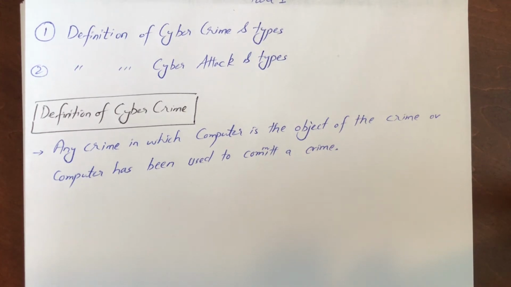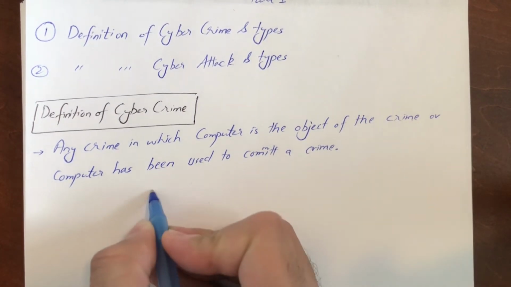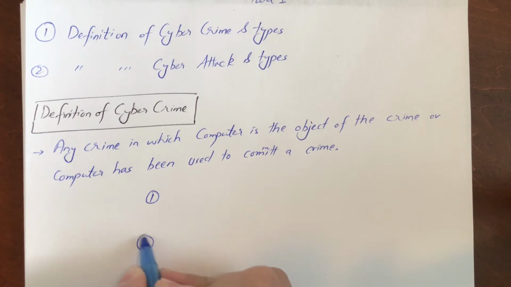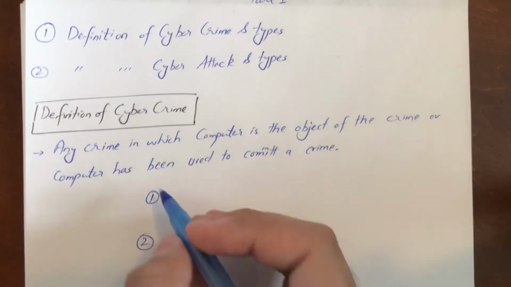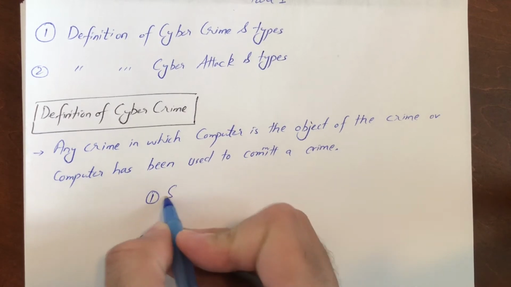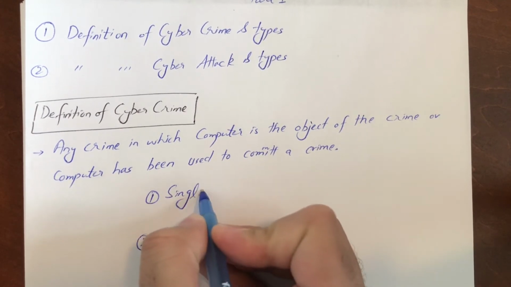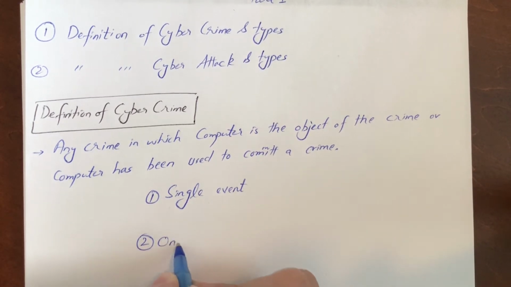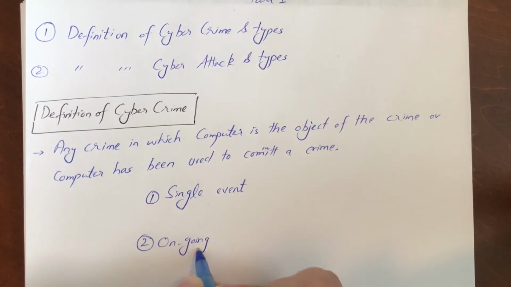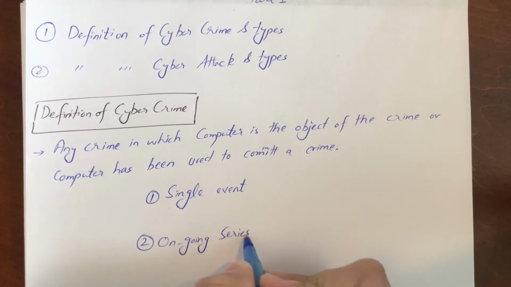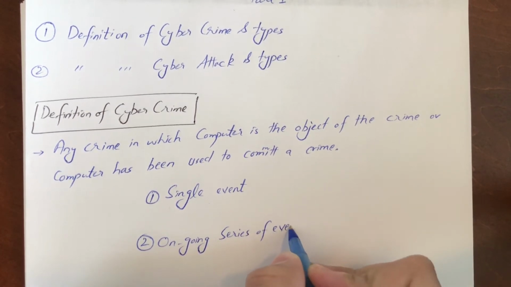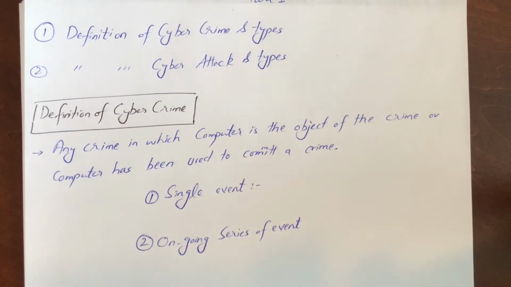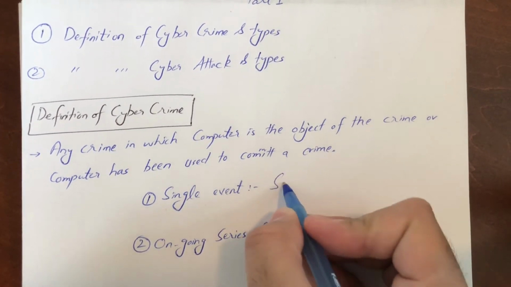Now, cybercrimes can be of 2 types. There are mainly 2 types of cybercrimes, basically from an application perspective. One type of cybercrime is called a single event. Second is called an ongoing series of events. A single event is something accidental, or you can say just a single attack.